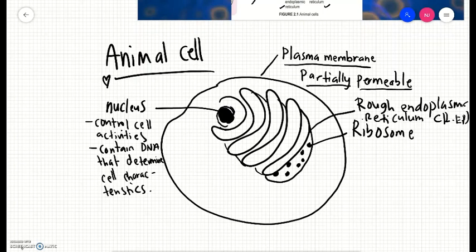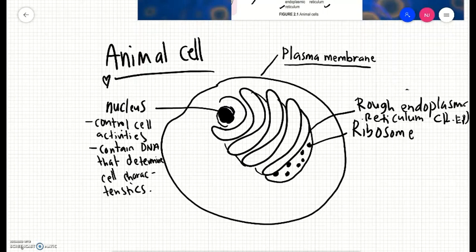RER. Okay, so just now I told you there are two types of endoplasmic reticulum. The first one is rough, and the second one is smooth. Smooth meaning that there is no ribosome attached to it, so it's smooth.